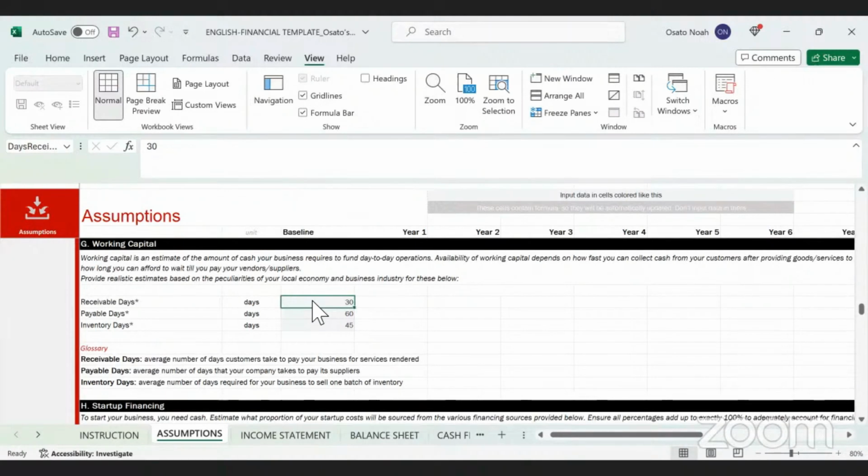However, whoever we are owing, whoever we borrowed from, our payables is 60 days, meaning everything that directly affects our production, we won't pay until 60 days after those services are provided. But for those people that are owing us, they must pay us within 30 days.